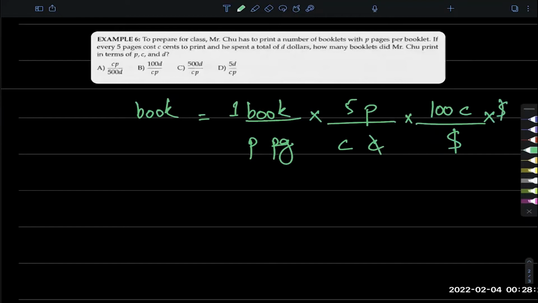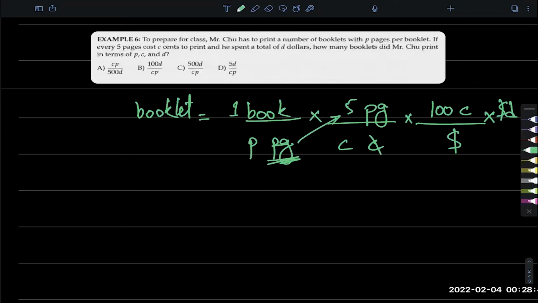He spent D dollars. So basically, I start by taking the booklets. I want to know how many booklets I have. Then I start converting. One book has P pages, and then I have to find what's the page's connection to the next thing. So the page should go there. Now, 5 pages cost C cents.